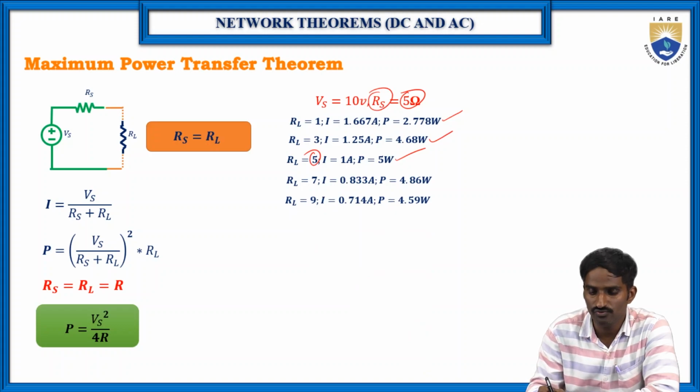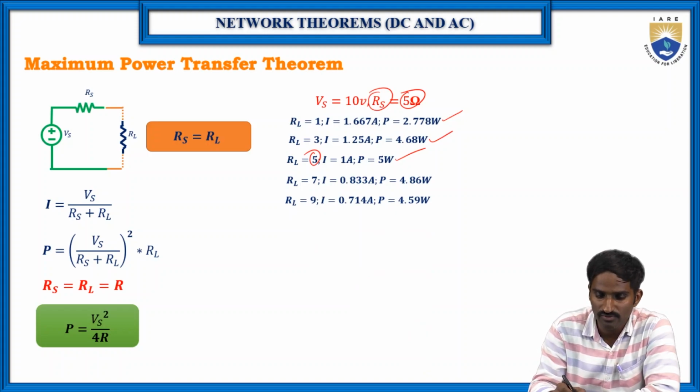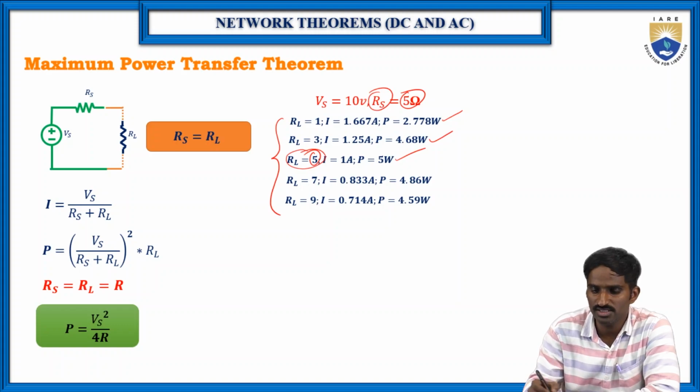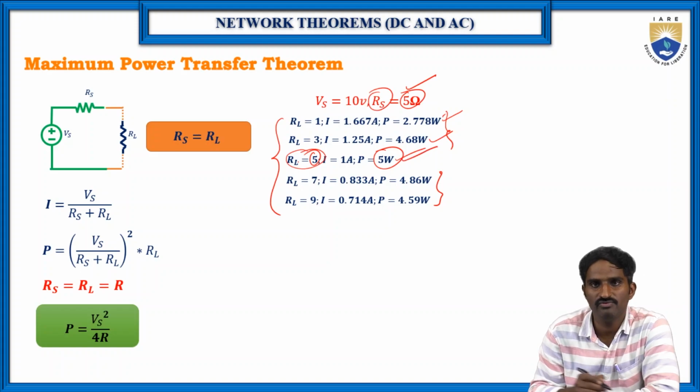So for different values of RL, below 5 and above 5, in both cases the power is less than 5 watts. Which means when RL is equal to Rs, the maximum power will flow.